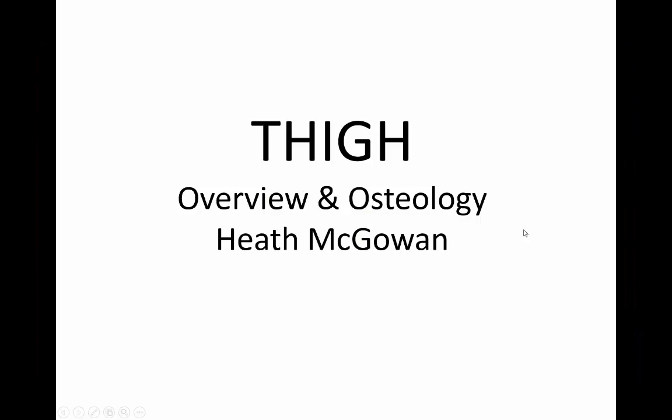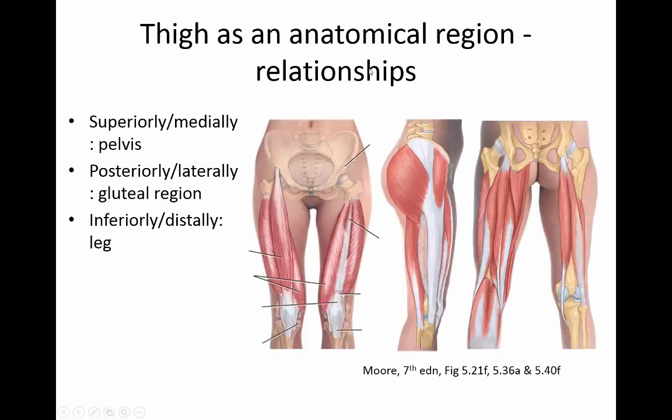This clip is an overview of the osteology of the thigh. When we talk about the thigh, we need to know where it lies anatomically. So what are its relationships? We can see that the thigh is inferior to the pelvis, so we say the pelvis is superior and more medial than the thigh.